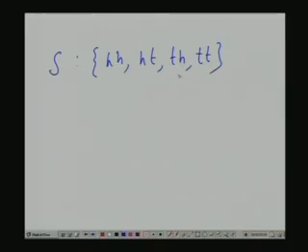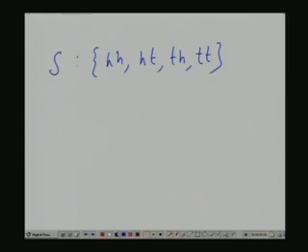Here HH stands for the event where on both the first and second toss you got heads. Here first you got head, then tail, tail and then head, and both tails.